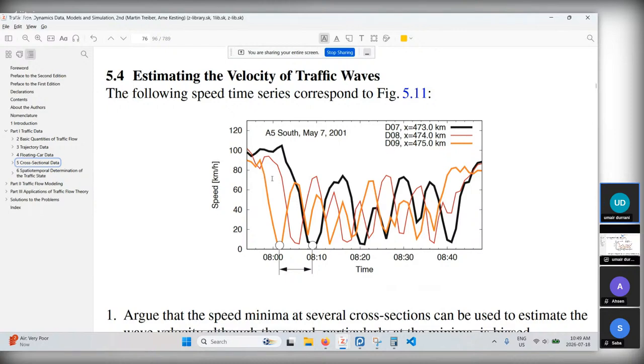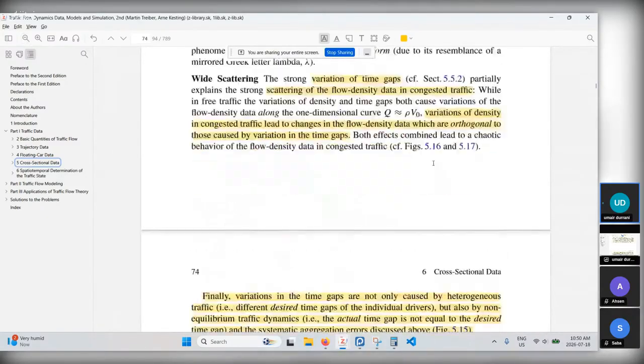And so we see the speed decreased in D07 first, and then it is 473 kilometers and then 475. So in that case, D07 is the upstream one, and D09 is the downstream one. So we see at almost 8:05 a.m., we have the speed of 0, and then the same pattern happens in D07. This is based on the example we have previously discussed.